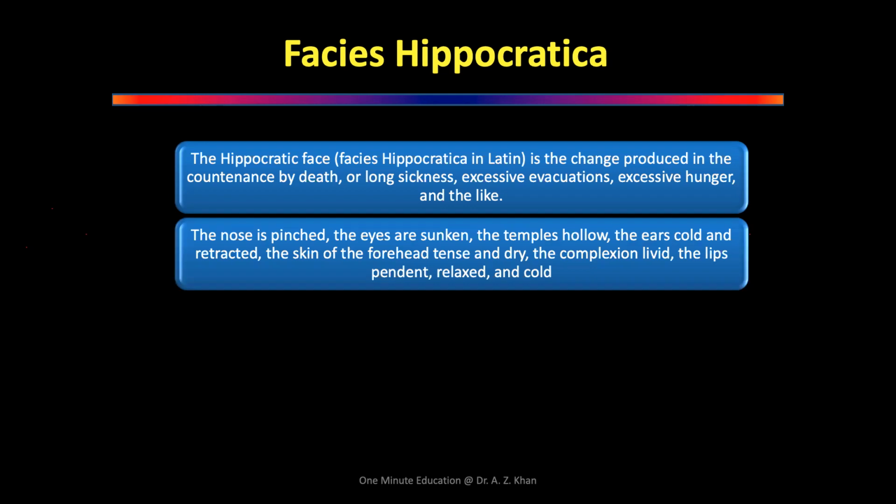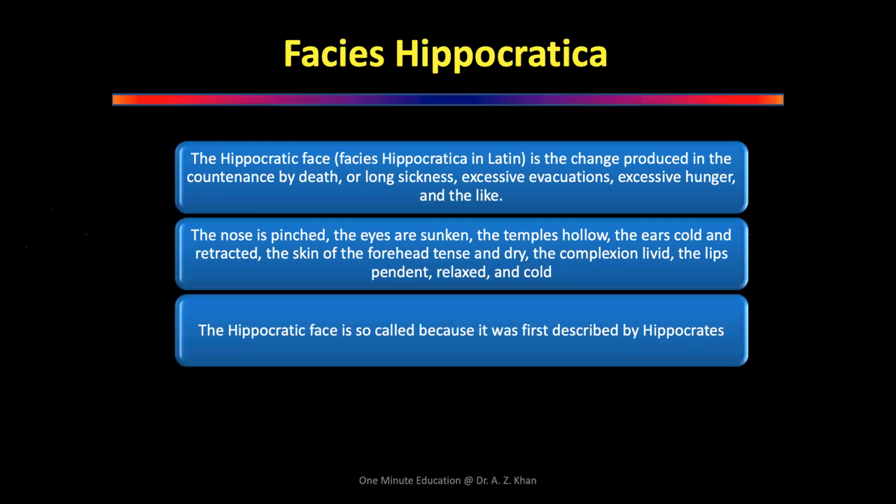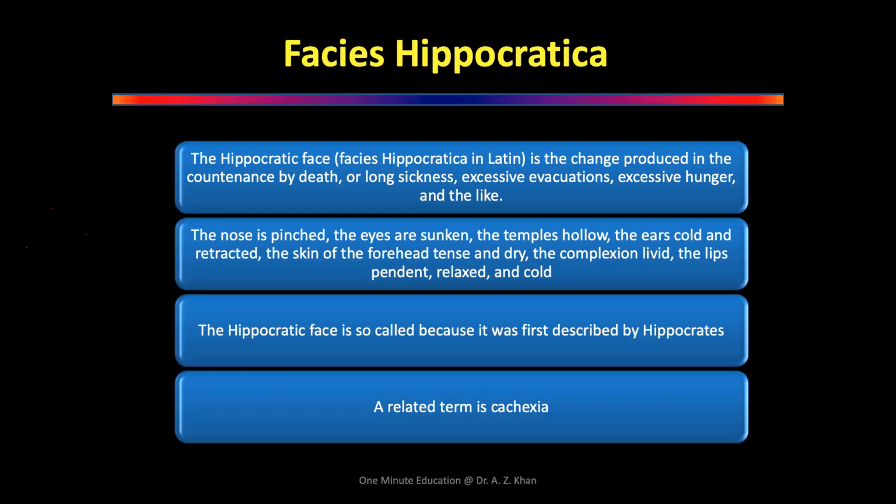The nose is pinched, the eyes are sunken, the temples are hollow, the ears are cold and retracted, the skin of the forehead is tensed and dry, the complexion is livid, the lips are pendent, relaxed and cold. Okay, it's the death look that you get on the face with chronic malignancy, with chronic starvation or chronic cachexia. It was described by Hippocrates.